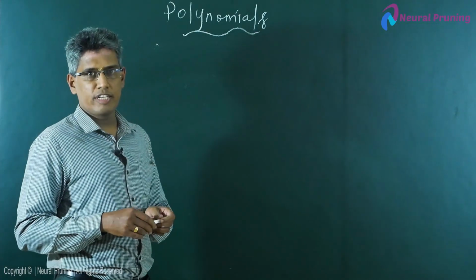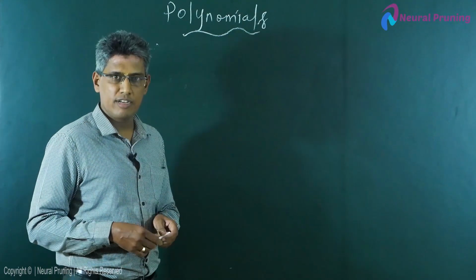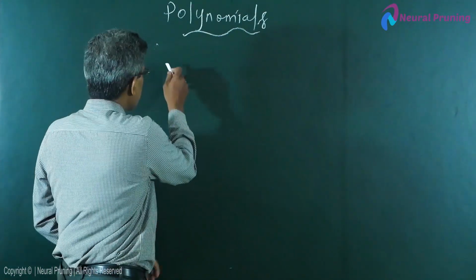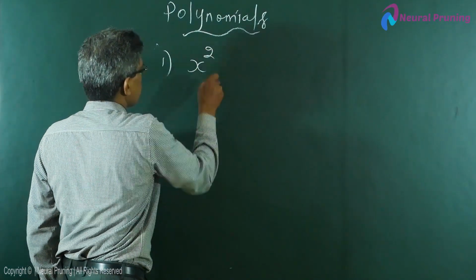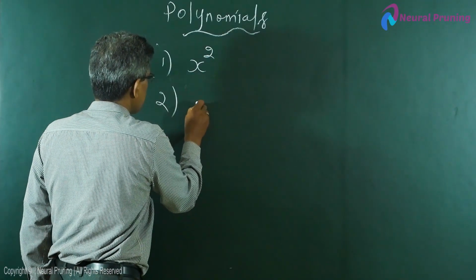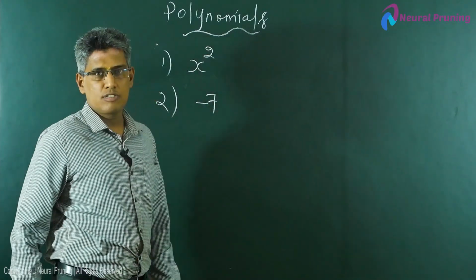Let me take two more examples in order to improve our understanding of the terms of a polynomial. The first one is, for example, x square and then another constant, minus 7.